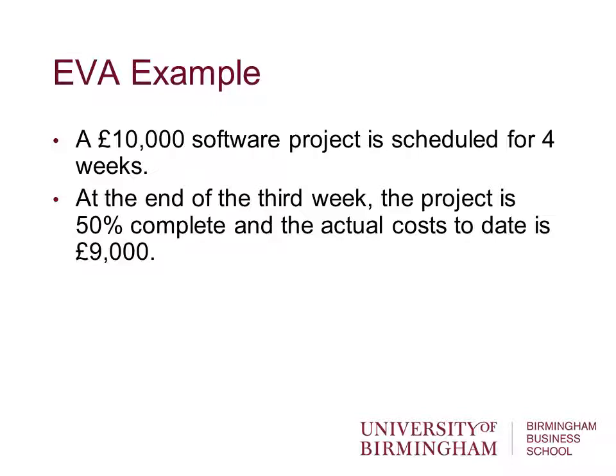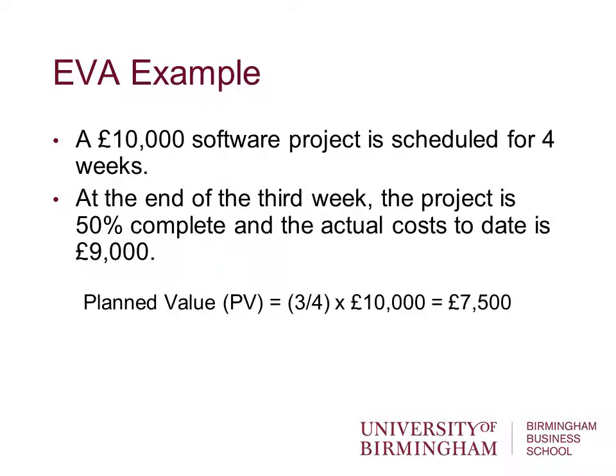Imagine we have, it's a very simple example, a £10,000 software project. It's scheduled to be carried out over 4 weeks. At the end of the third week, we look at how much has been completed and how much we've spent. We discover that 50% of the project has been completed and that we've spent so far £9,000.